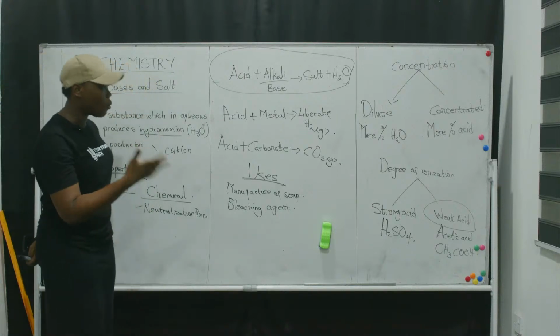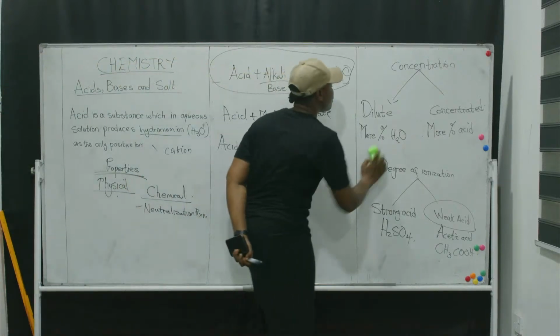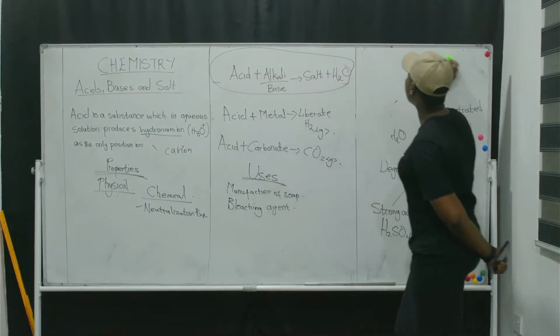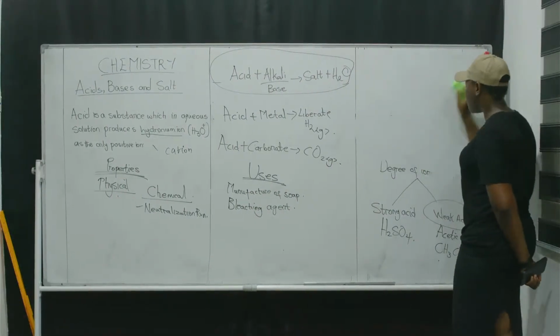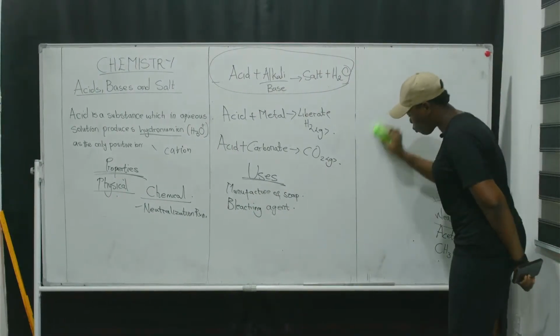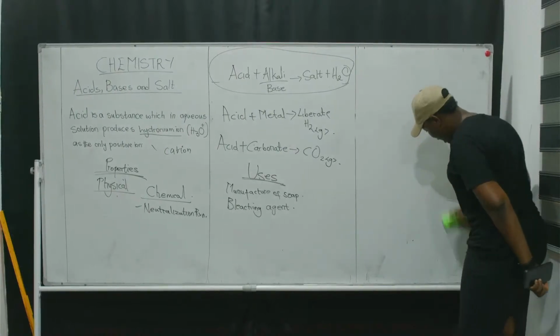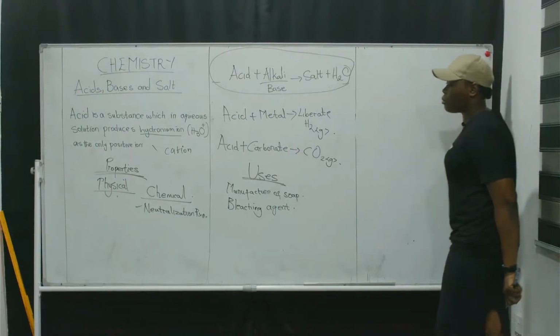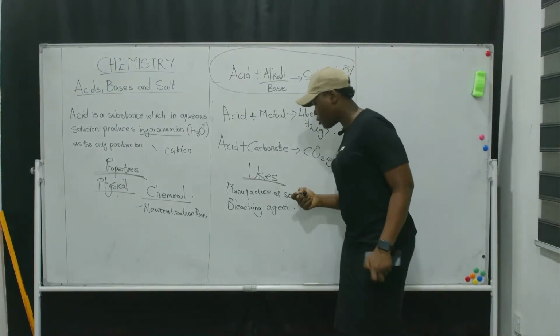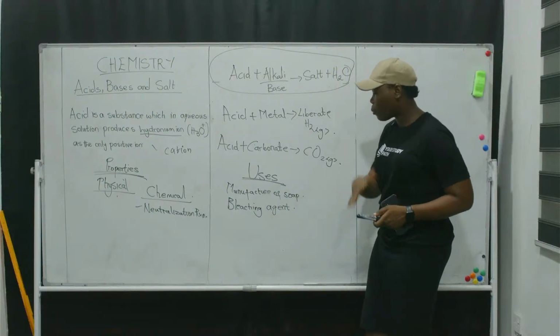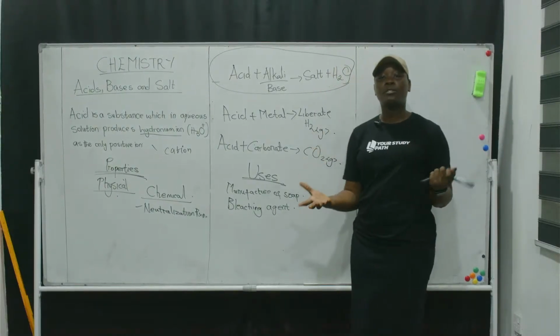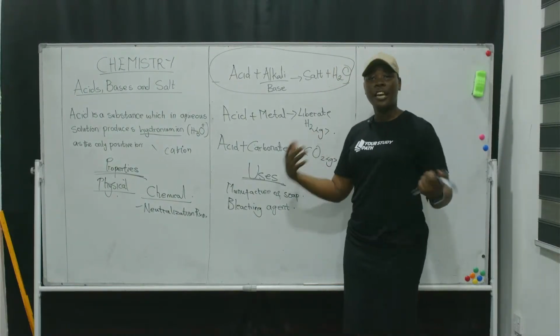And so these are uses of acid. Any acid you can remember and anything you know it is used for, you just write that acid and you write the use. That's all. So fatty acid can be used in the manufacture of soap. H2SO4 can be used in the manufacturing of bleaching agents.